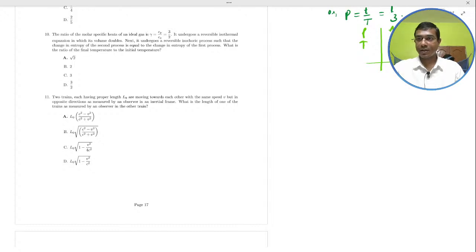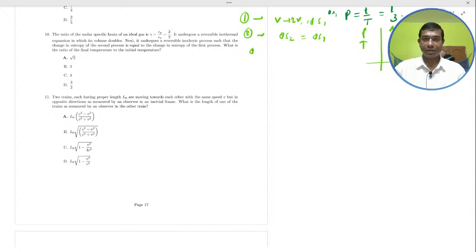This is A and B. So the first process is a reversible isothermal process AB, that means the volume V goes to twice V, with delta S1. Second process delta S2, such that delta S2 equal to delta S1, because this is the isochoric process.